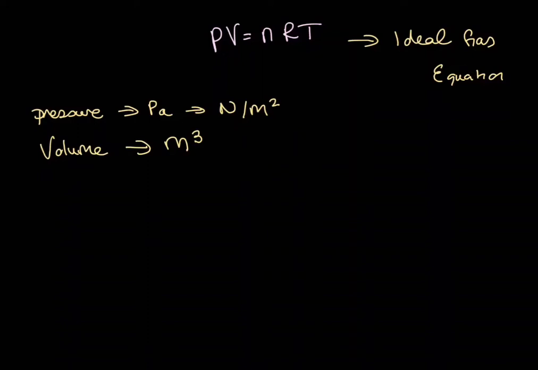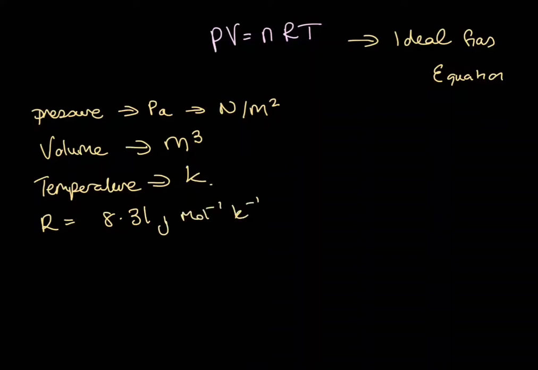It can't be in centimeters cubed and it can't be in liters. So it needs to be in meters cubed. Our temperature has to be in Kelvin. And then our constant is this number here, 8.31 joules mole to the minus 1 Kelvin to the minus 1.